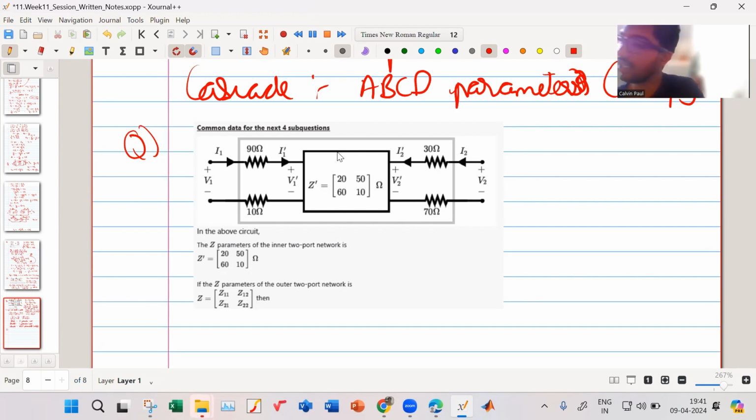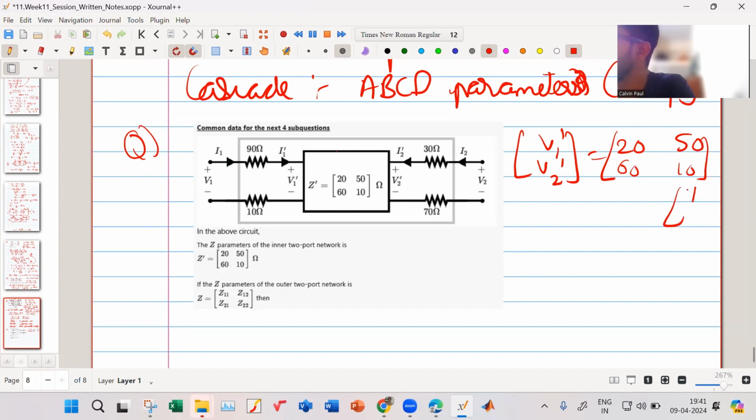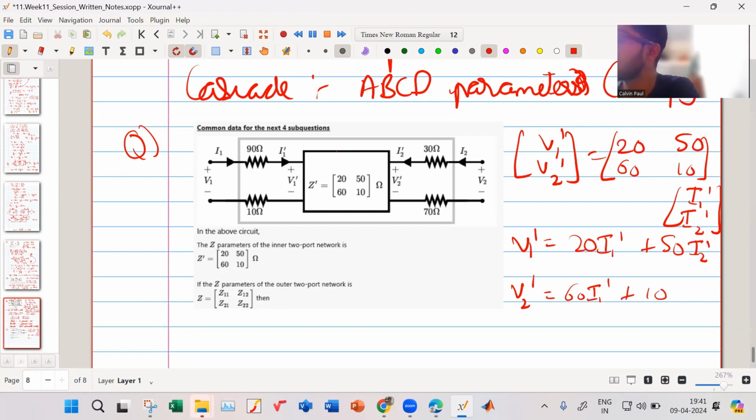So V1 dash, V2 dash is equal to 20, 50, 60, 10 into I1 dash, I2 dash. So my V1 dash is 20 I1 dash plus 50 I2 dash, and my V2 dash is 60 I1 dash plus 10 I2 dash.